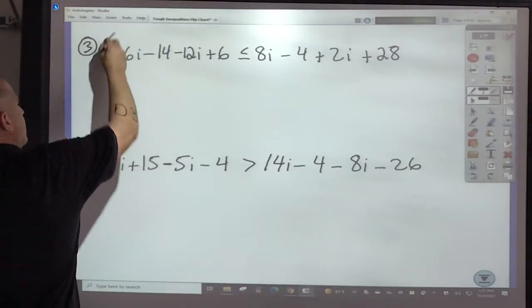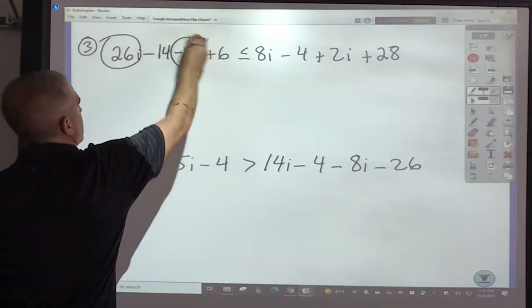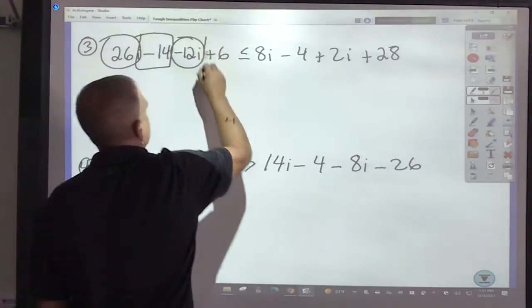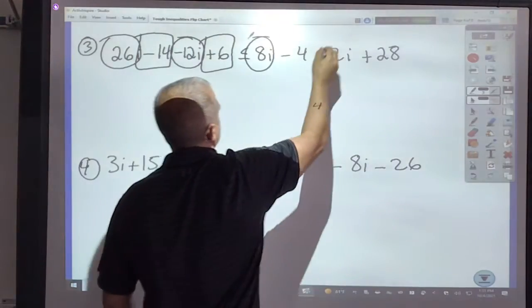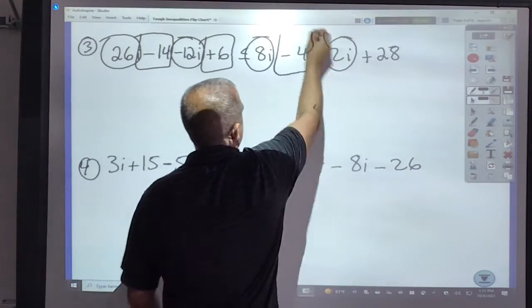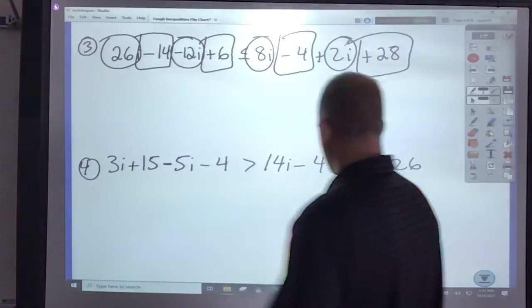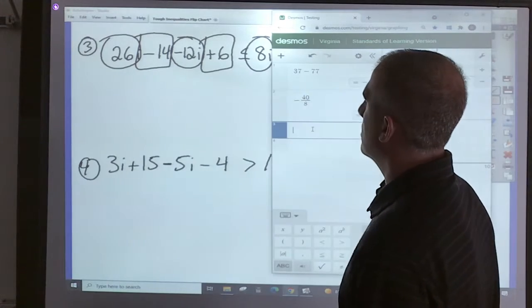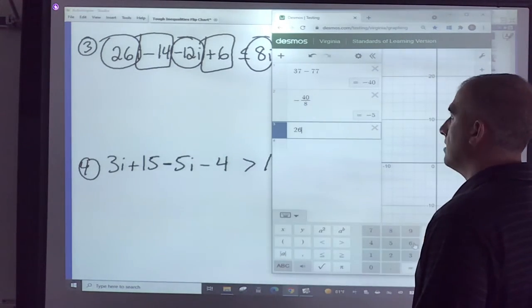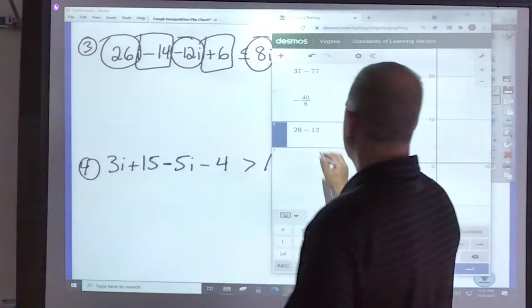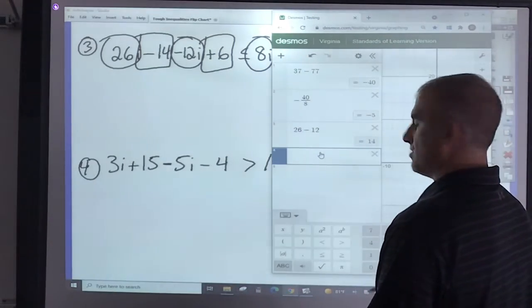Okay. Here, and here, here, and here. Okay, so all Desmos. Okay, so 26 minus 12 and negative 14 plus 6.